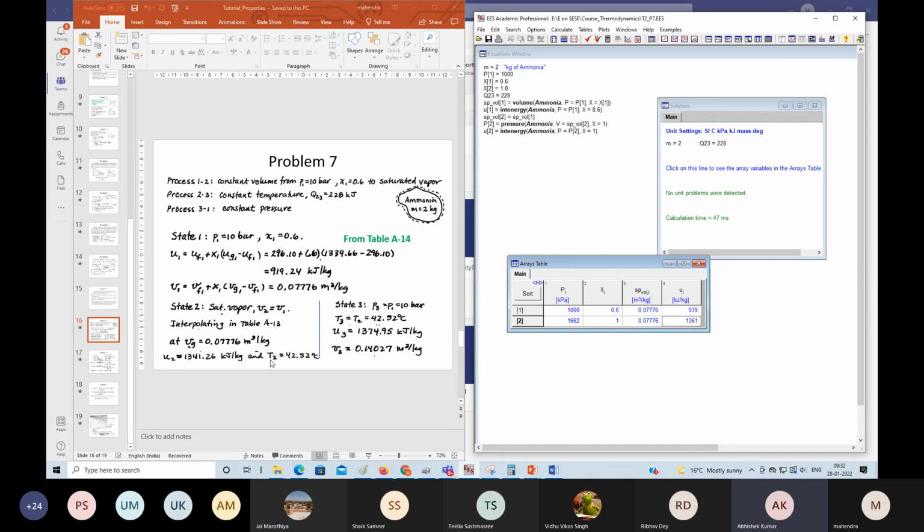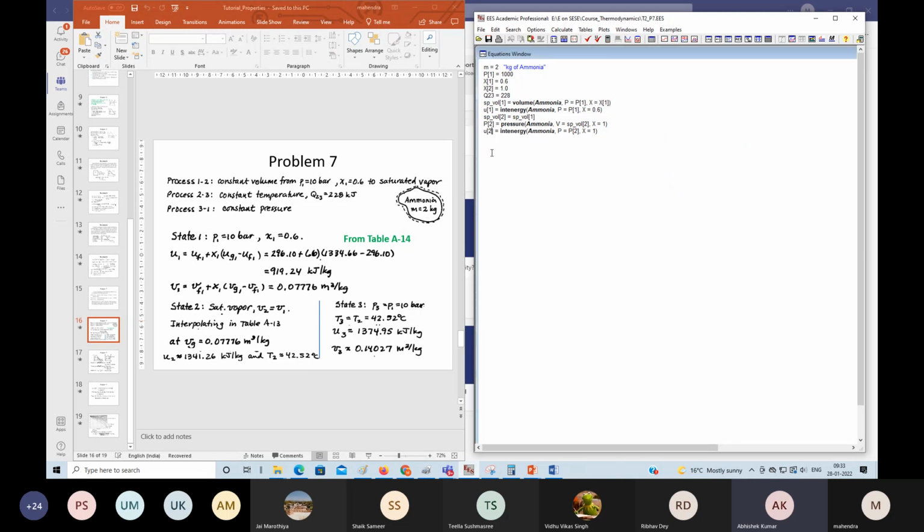Then from this data, we have calculated temperature also, from this table A13. Now let us calculate temperature also over here, because next is process 2-3. Process 2-3 is isothermal process. That means P1 V1 equal to P2 V2. Yes. So now let us see. Now let me calculate P2.